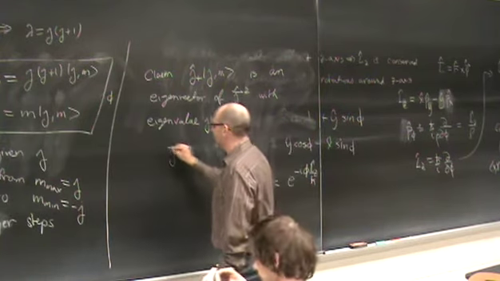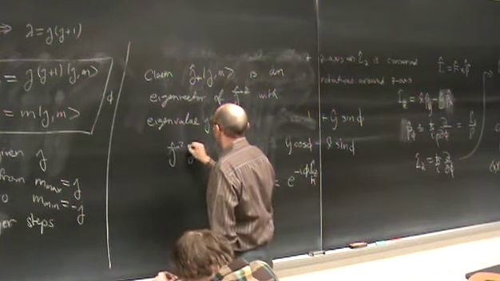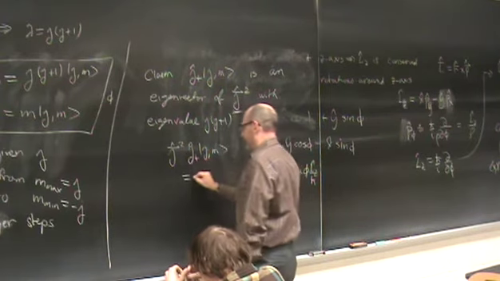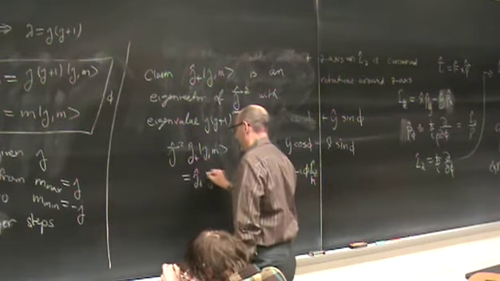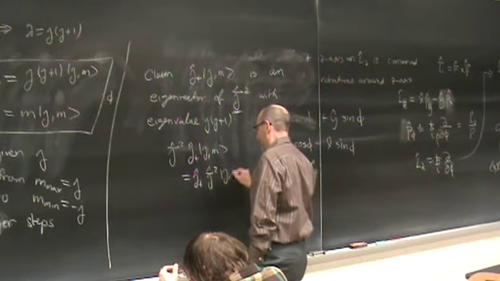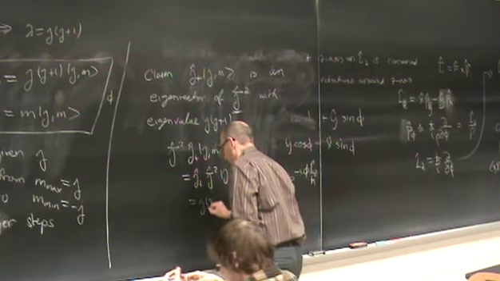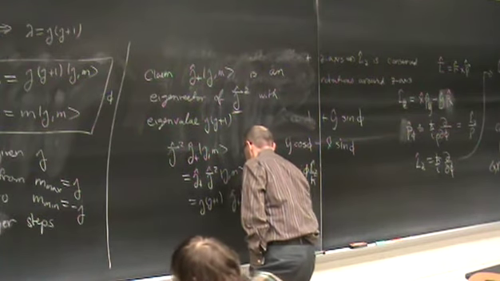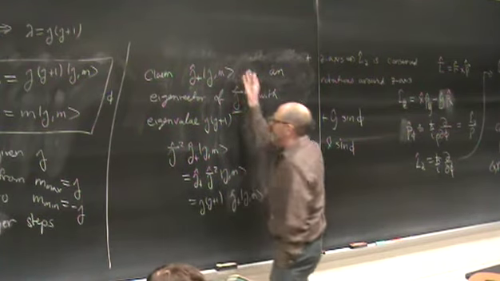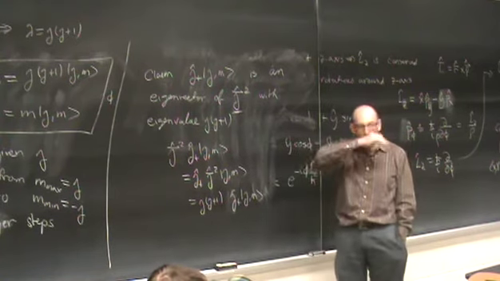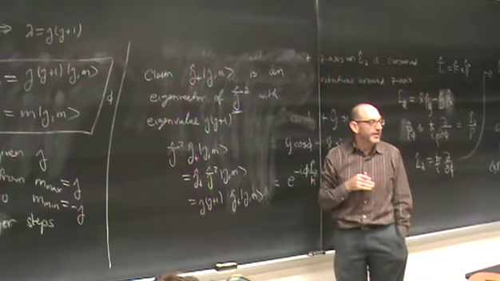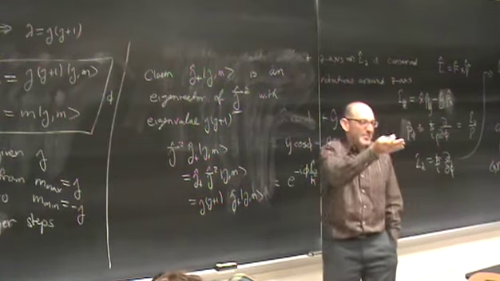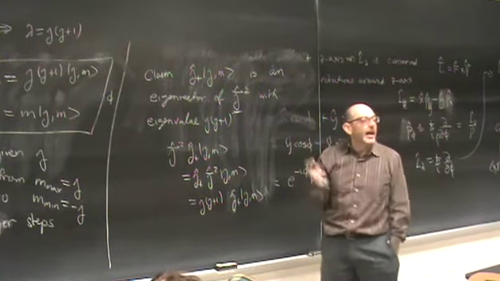So j squared on j plus is j plus j squared, which is j(j+1) on j plus. So raising, and the same thing for the lowering operator. If you raise and lower, you don't change the value of j squared, up until the maximum value is annihilated.